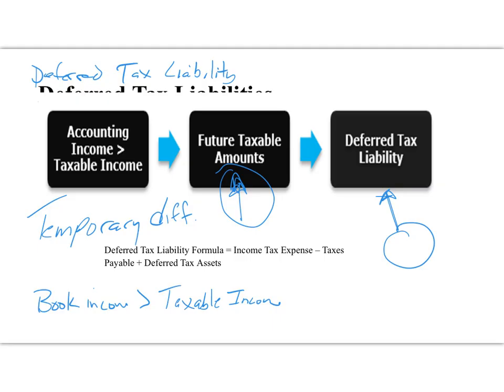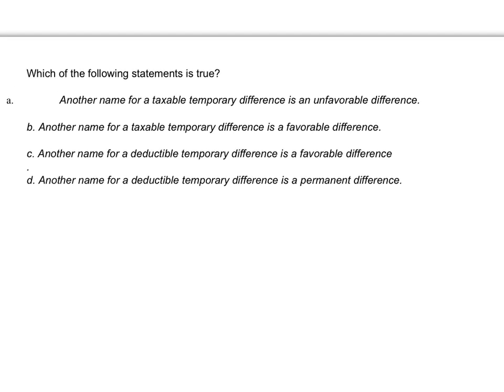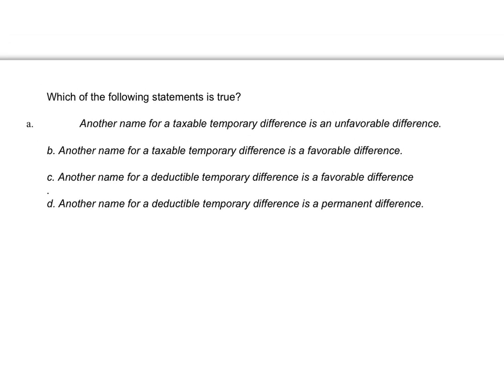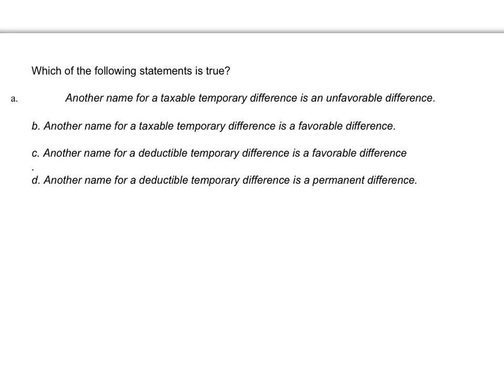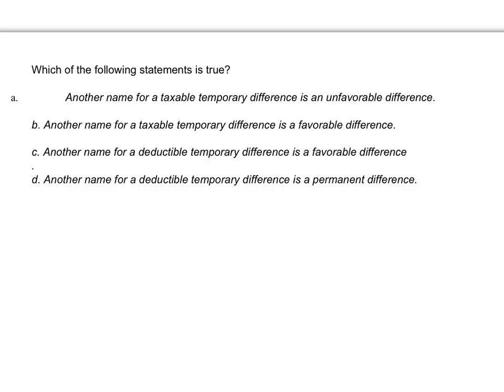All right, so let's look at a potential question now. So I'm going to make this a little bigger. Which of the following statements is true? Let's read all of these. Another name for a taxable temporary difference is an unfavorable difference.